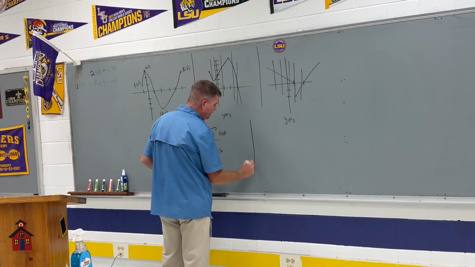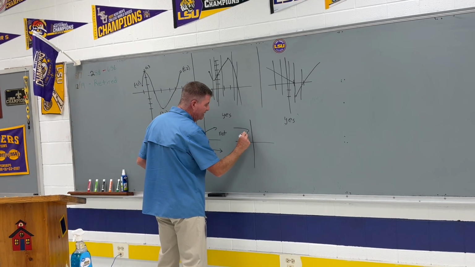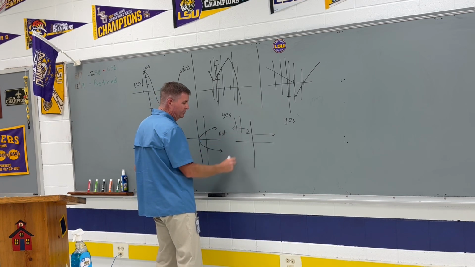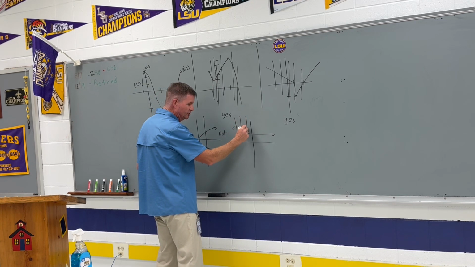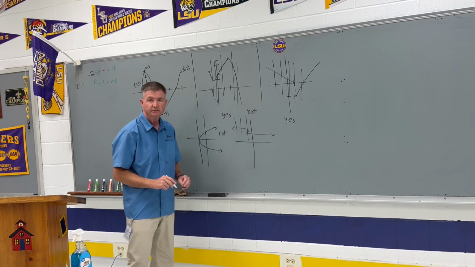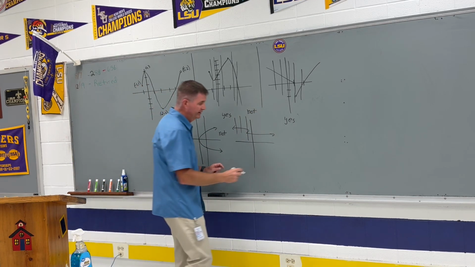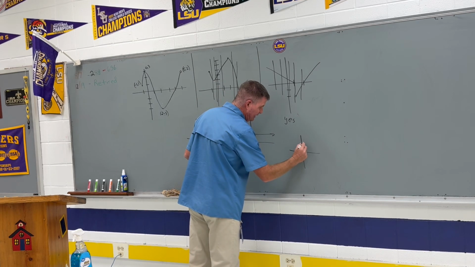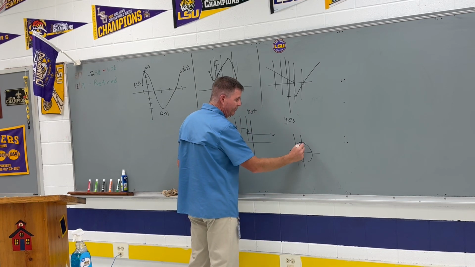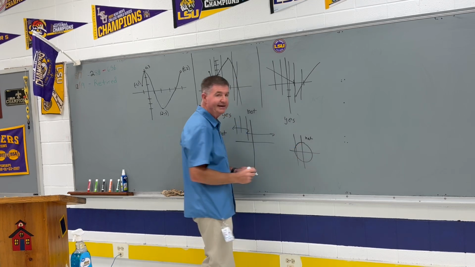Even if some lines only hit it in a certain spot, if there's any place I can draw and hit it more than once, then it's not a function. And finally, suppose I had something like a circle. Again, hitting it more than once no matter where I go, so it is also not a function.